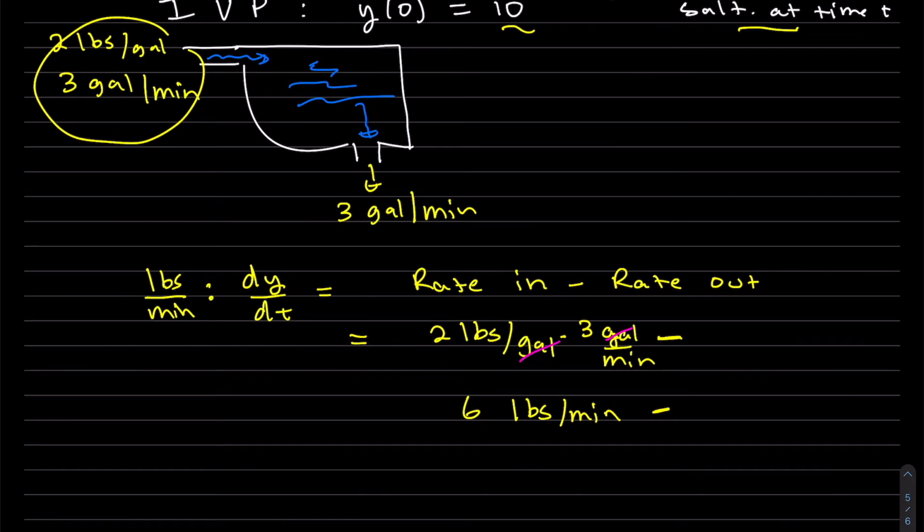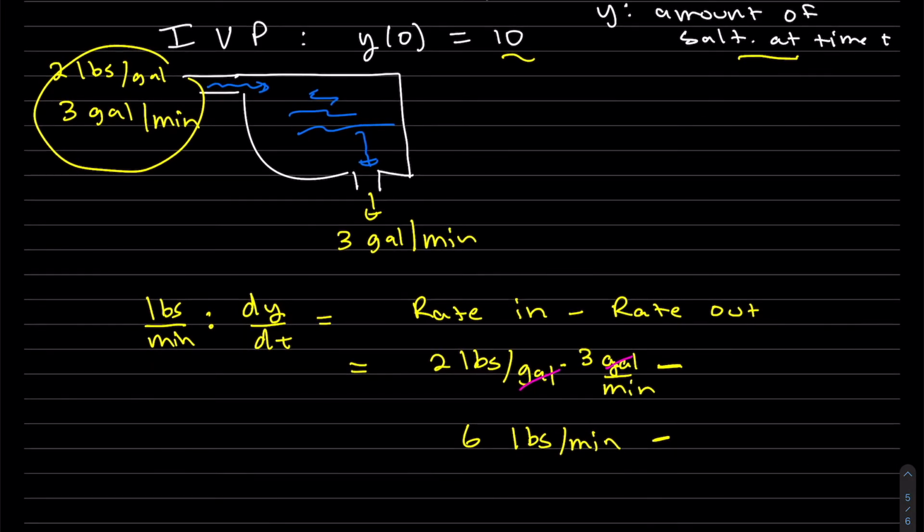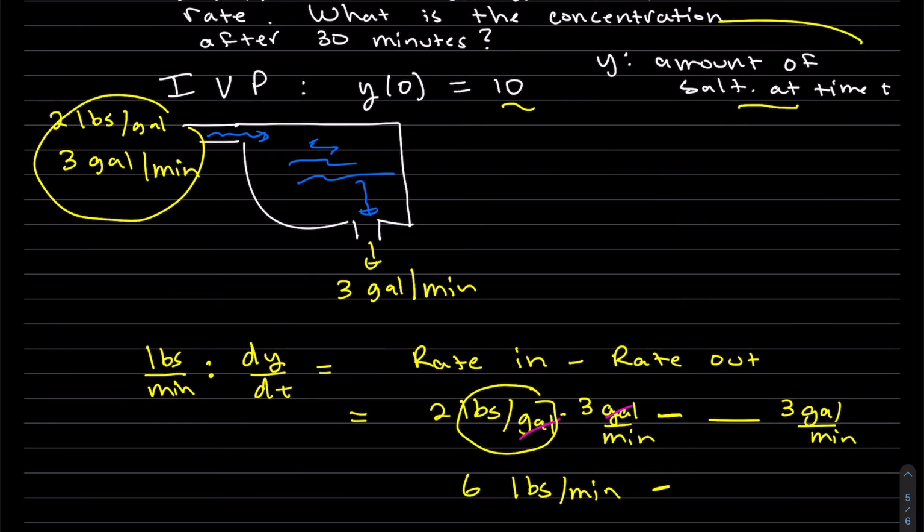Minus the outgoing. We do have the same rate, 3 gallons per minute, but we need the same units here. What's the pounds per gallon of salt going out? Well, y is the amount of salt at time t, and it's variable.